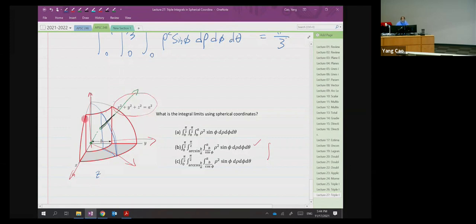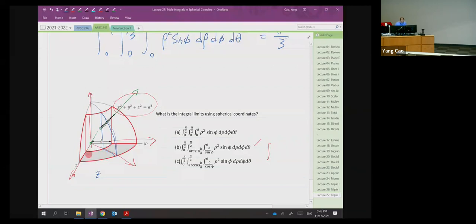And also the XZ, YZ, and XY planes serve as three sides of this region D. So basically your region D is given by all the red edges over here.